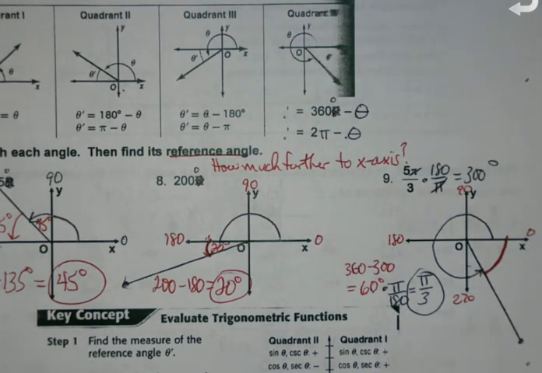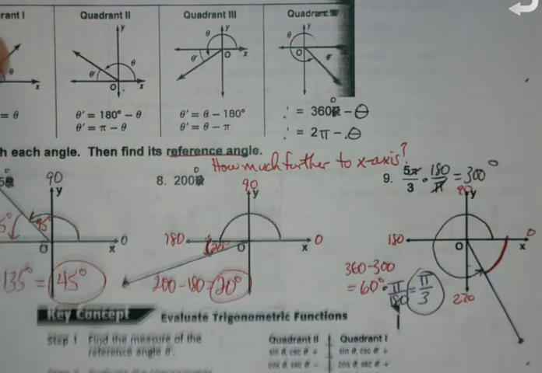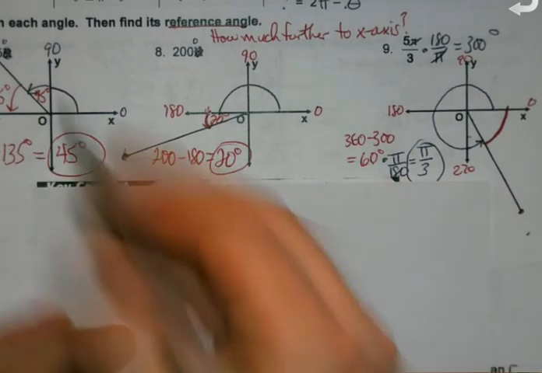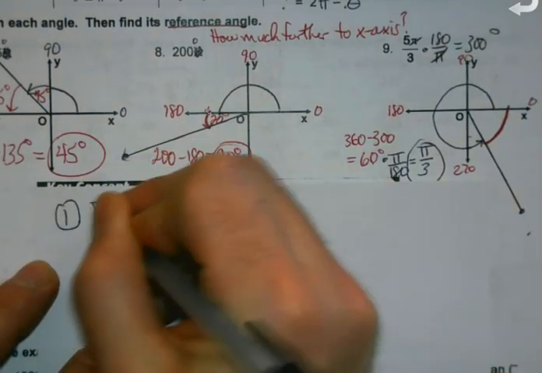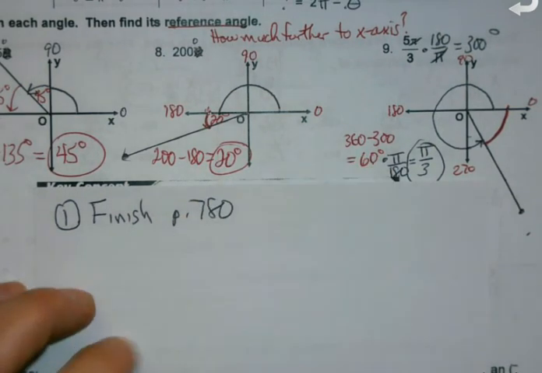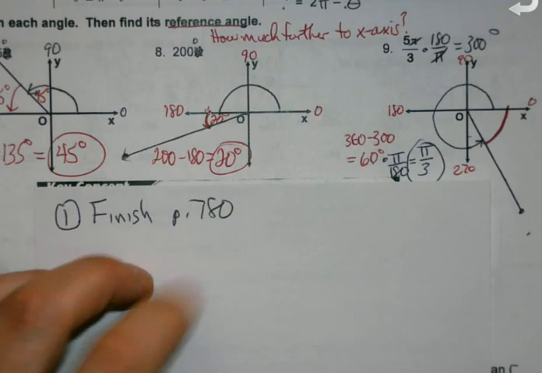Okay, now, before you go into complete and utter panic, hear me out. Your number one goal, okay, I'm even going to put it on here. This is going to be great. Your number one task, we're going to put things in order here. Finish page 780 to the best of your ability. If we need to do some questions tomorrow, we can.